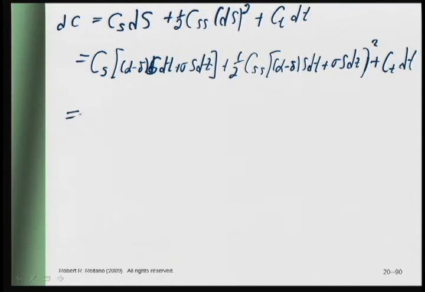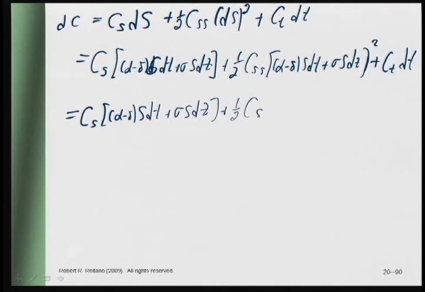And so I get cs, alpha minus delta s dt plus sigma s dz. And then I get the half CSS, and the only part of that term I need is the sigma squared s squared, and remember dz squared is dt.